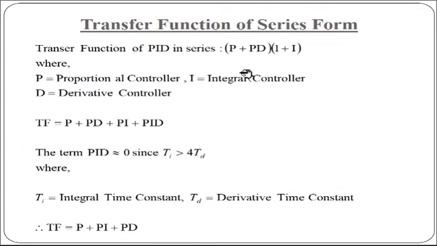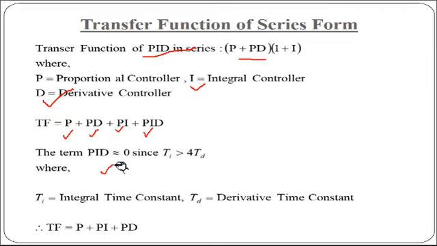If I consider the transfer function of the PID in series, we can write it as Kp times (1 plus 1 over Ti s) times (1 plus Td s), where P is the proportional controller, I is the integral controller and D is the derivative controller. So we can define the transfer function as P, PD, PI and PID controller, because we use them in series.